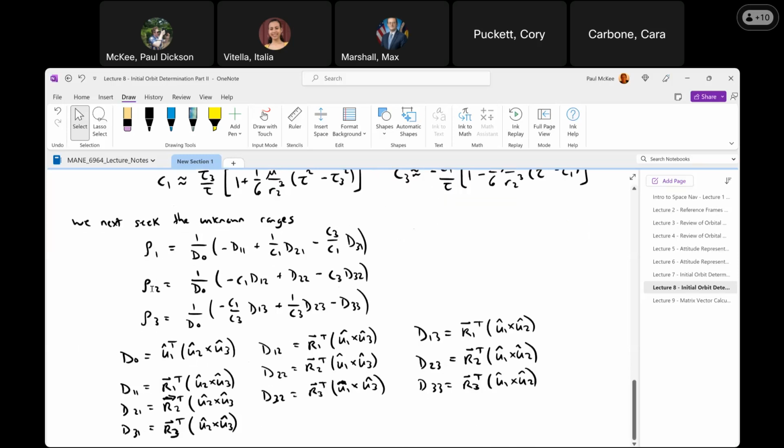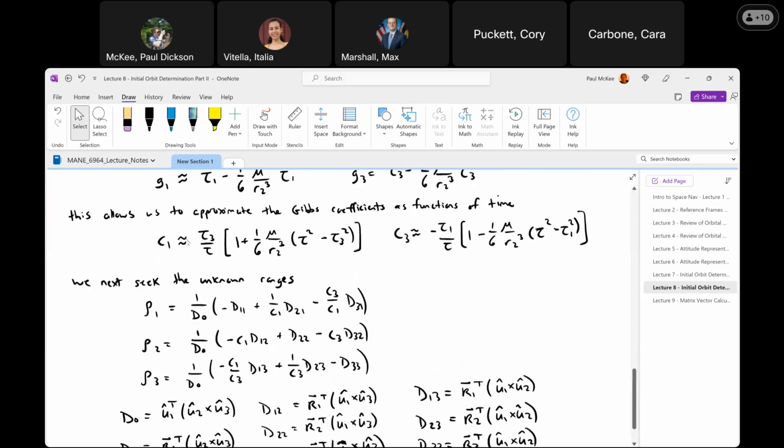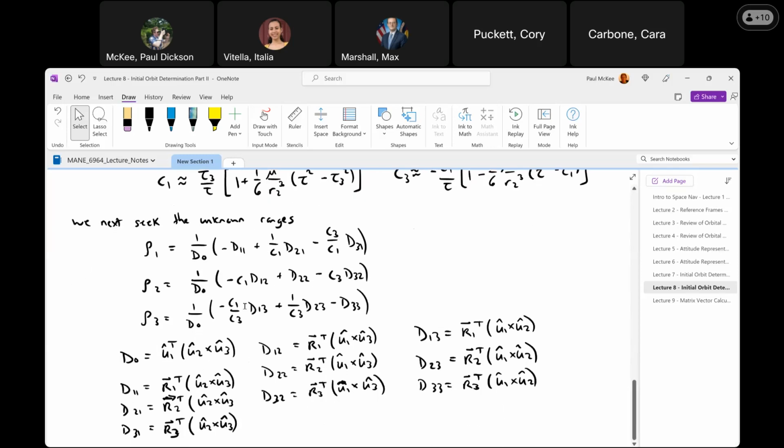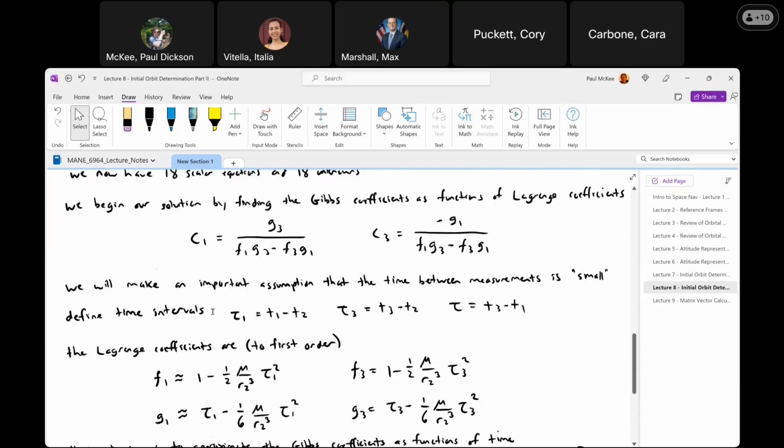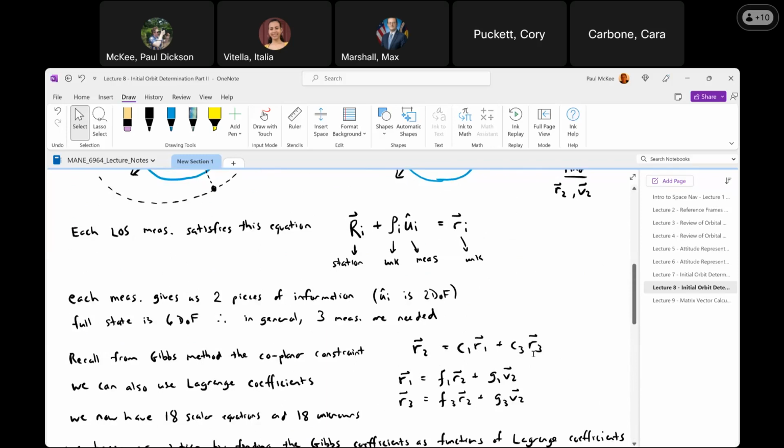So it's good to zoom out a little bit here. We've reached the point where we've set up the dominoes. If we can find R2, then we can find C1 and C3. Then we can find row 1, row 2, and row 3. And if you know row 1, row 2, and row 3, you know R1, R2, and R3.